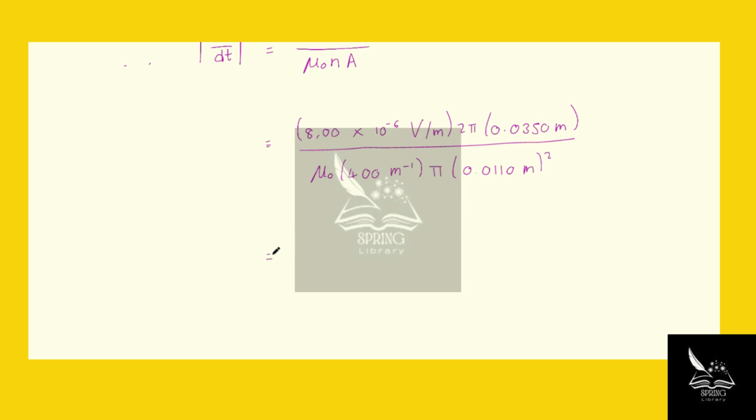And so calculating, we get the rate of change of current di/dt to be 9.21 amperes per second.